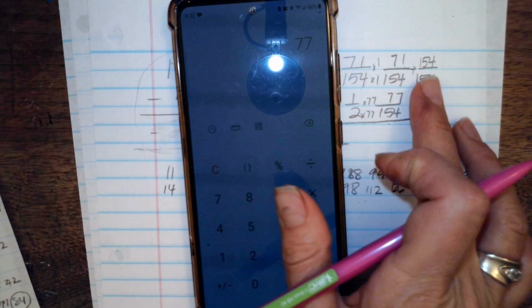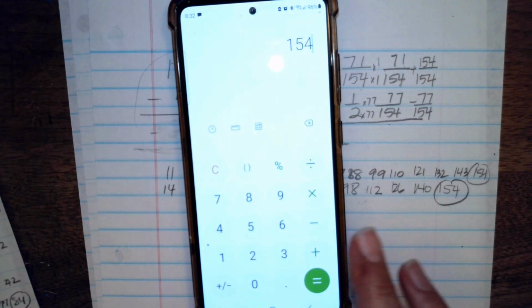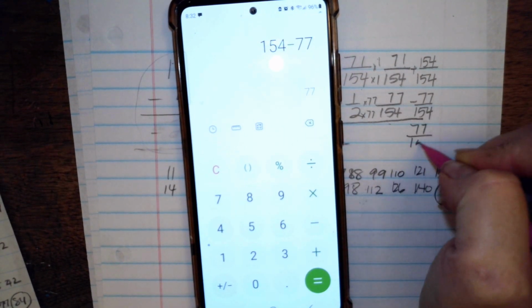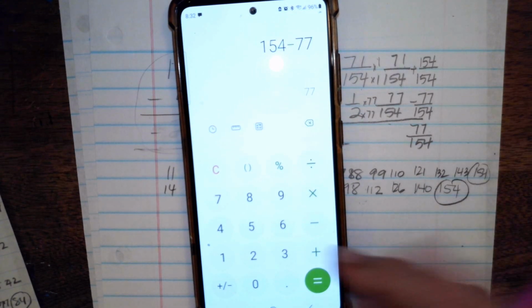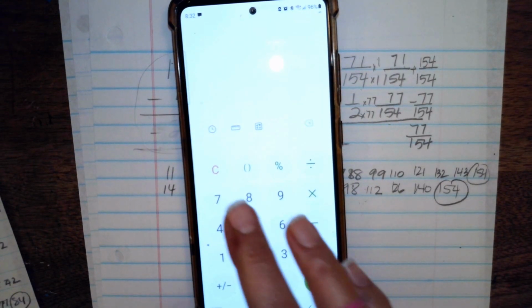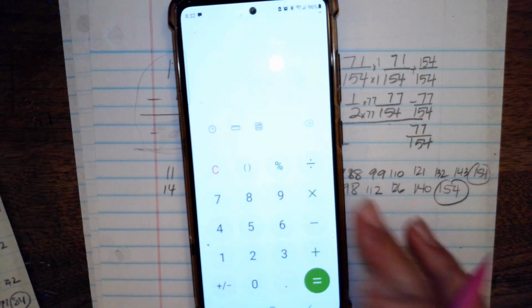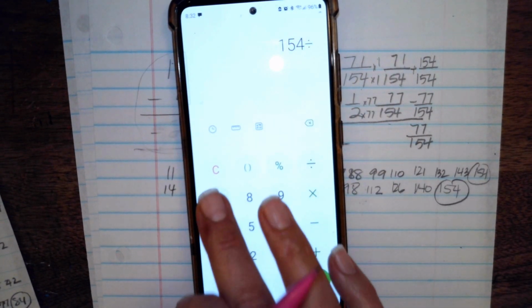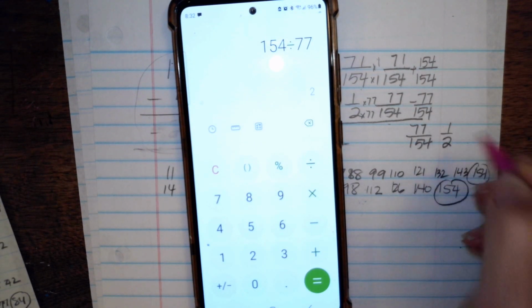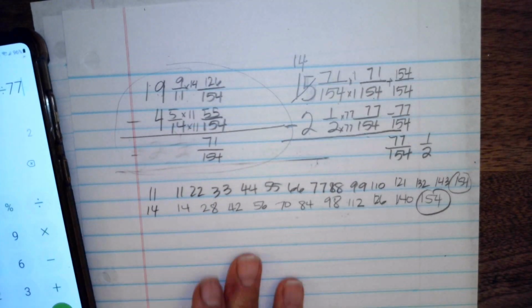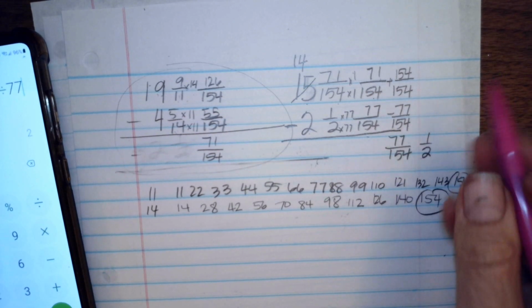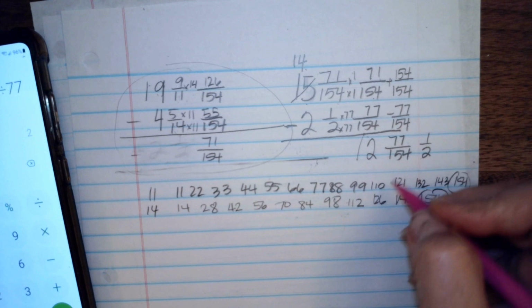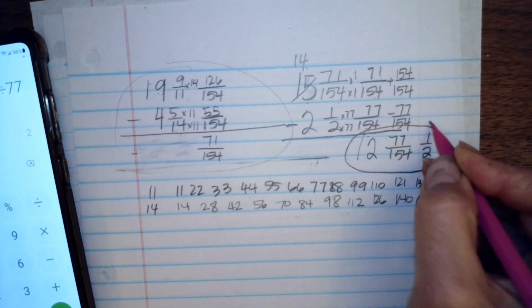Now I'm going to do 154 minus 77 is 77 154ths. And then I can already tell 77, if I divide 154 by 77, I would get 2. So this is actually 1/2. Because if I simplify it, and then 14 minus 2 is 12. So it's 12 and a half.